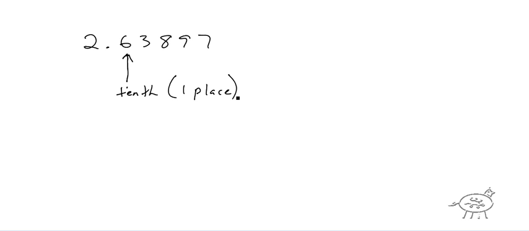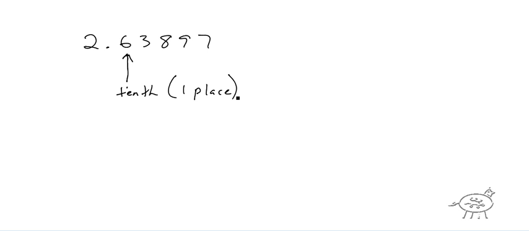If I have 2.63897, let's round to the nearest tenth. If I ask you to round to the nearest tenth, I might even say one decimal place, what you always do is look at the decimal place after that.